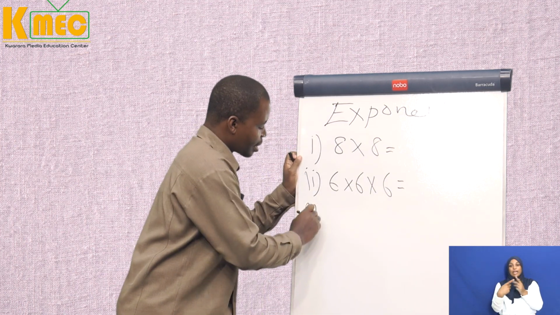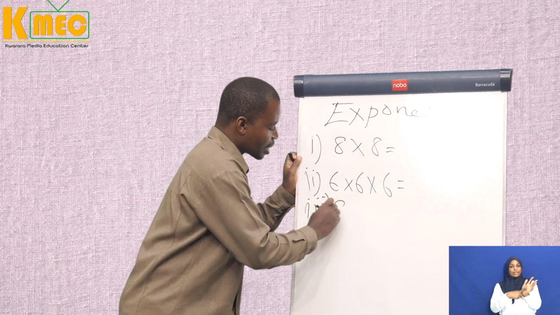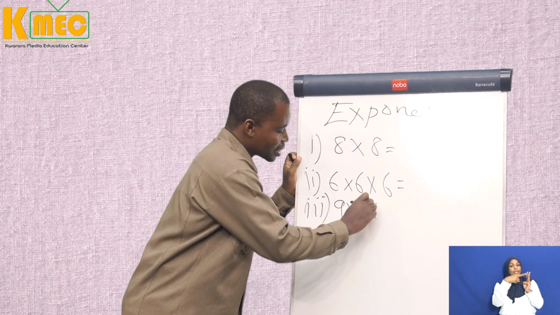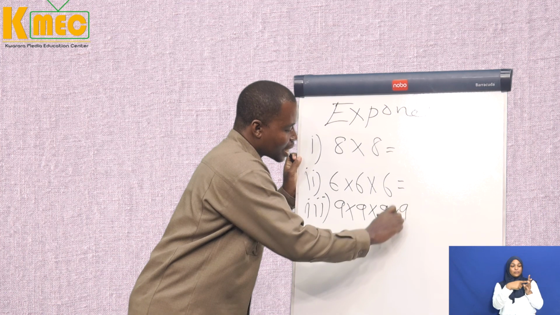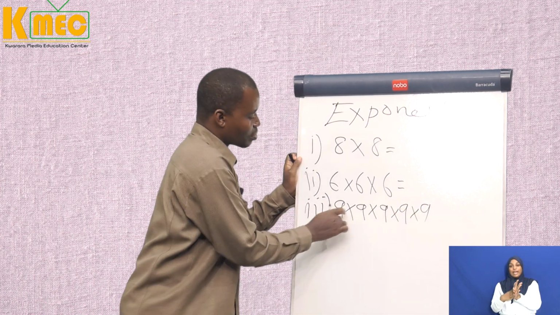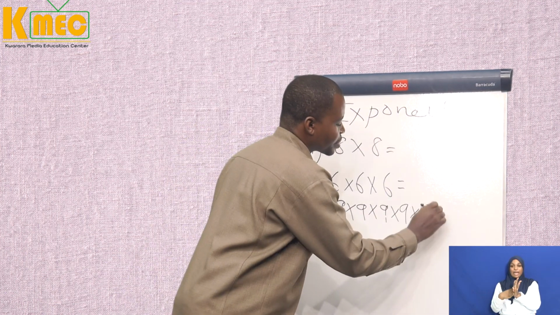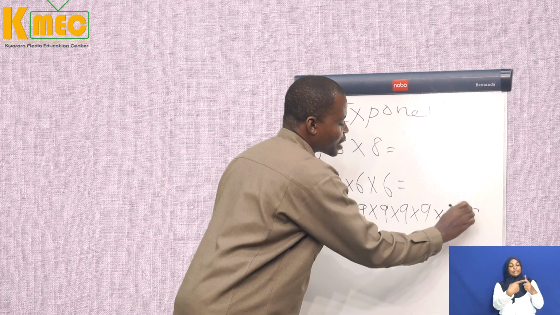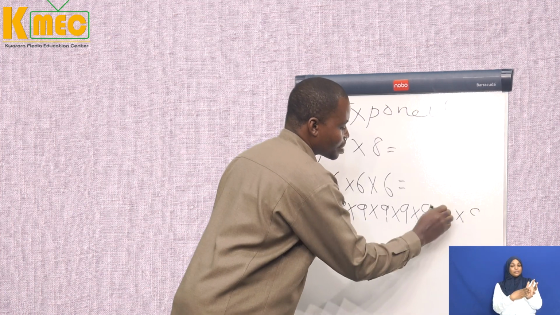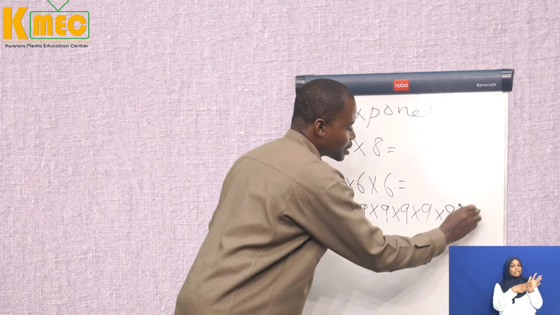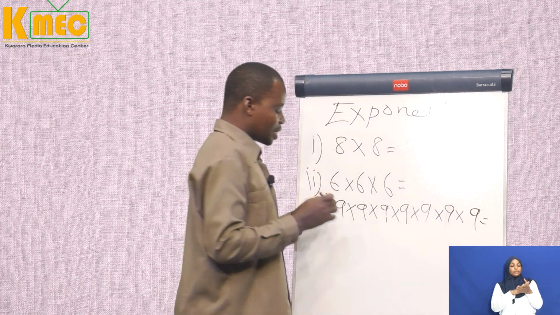And our third example is 9 times 9 times 9 times 9 times 9, 1, 2, 3, 4, 5 times 9 times 9. How many times does each number multiply by itself?